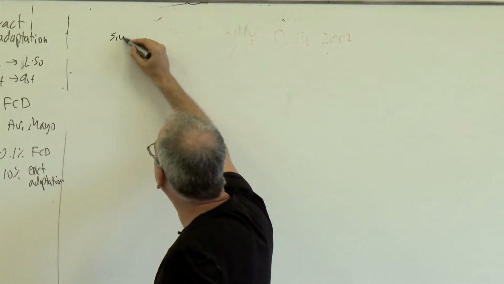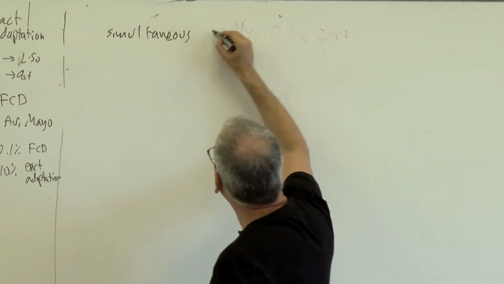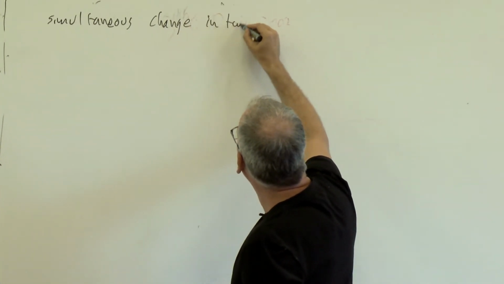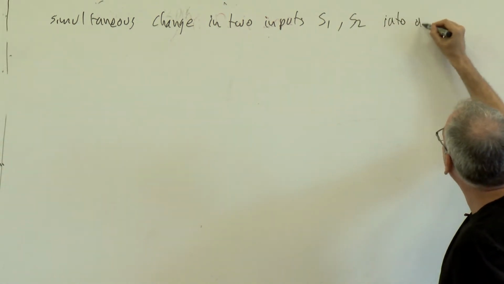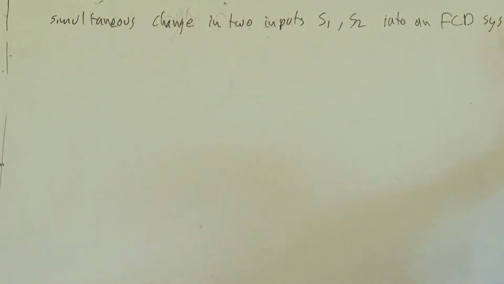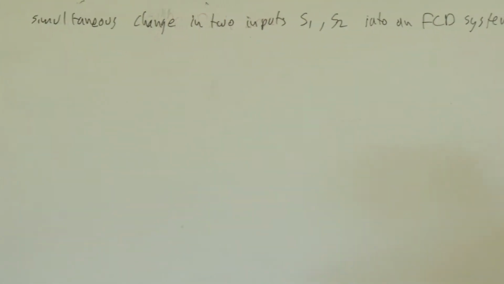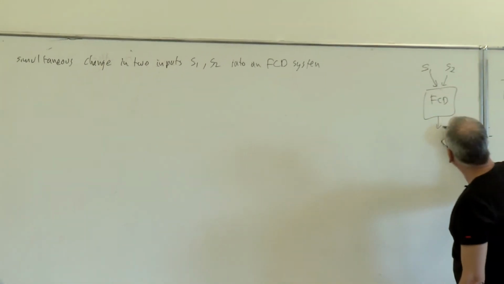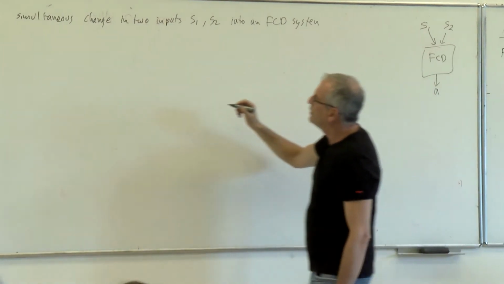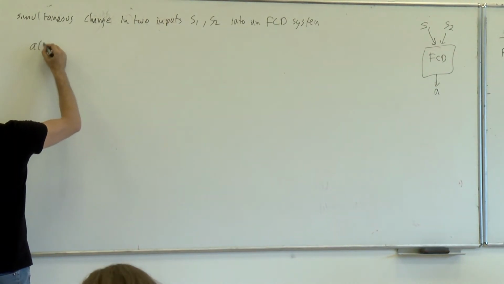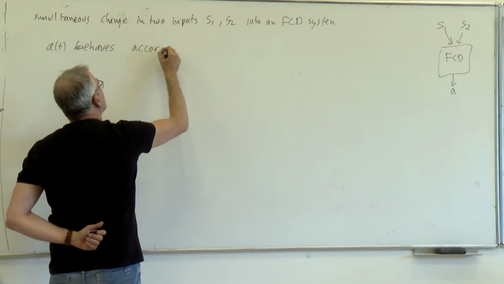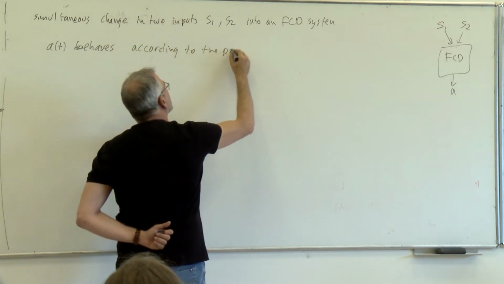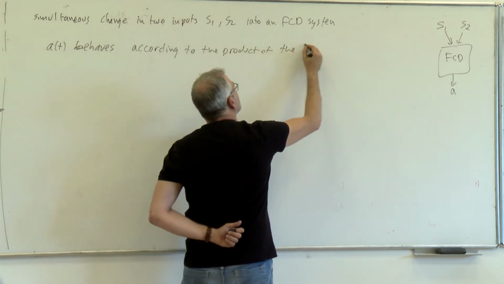And the principle is that if you have simultaneous change in two inputs, S1 and S2, that go into an FCD system, fold change detection, that has one output A, then A behaves according to the product of the fold changes.